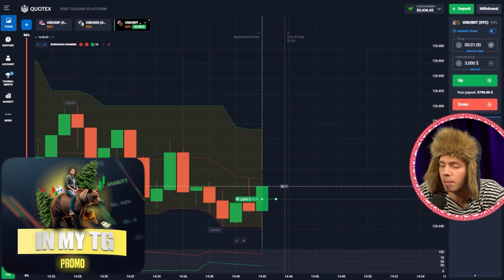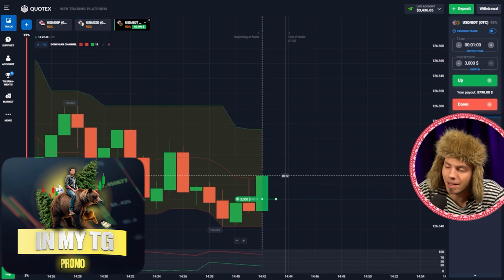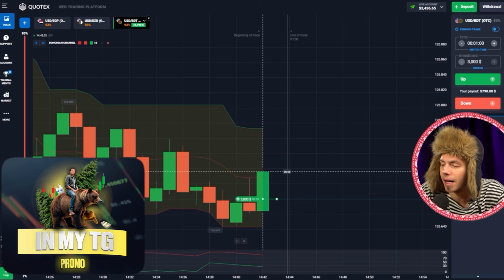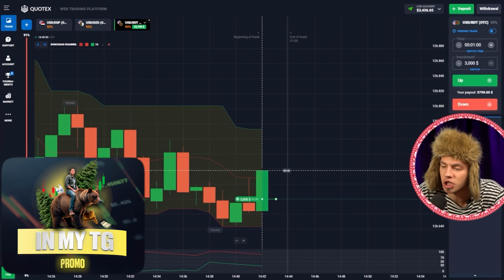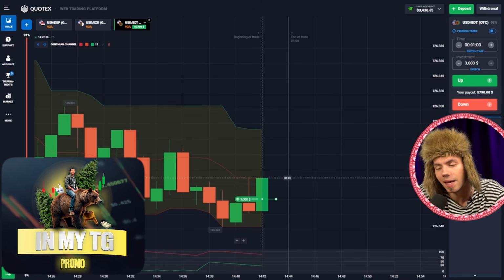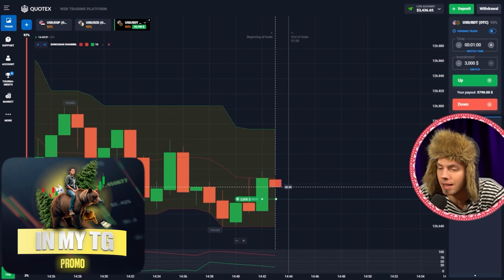So the trend is going long, and right now we will break the middle line. That's basically what's happening here on the screen. The price is trying to break out this middle line of the channel. There is huge buying power on the market right now, and basically all we need to do is to wait.